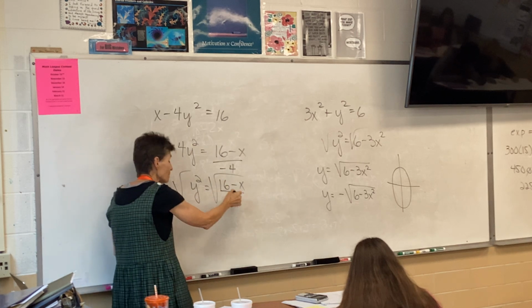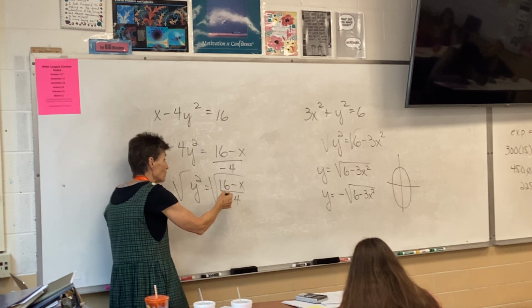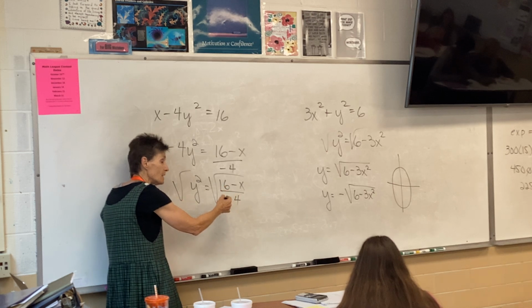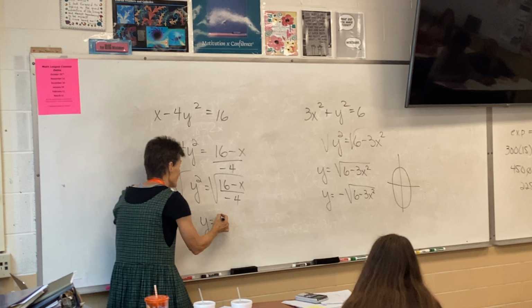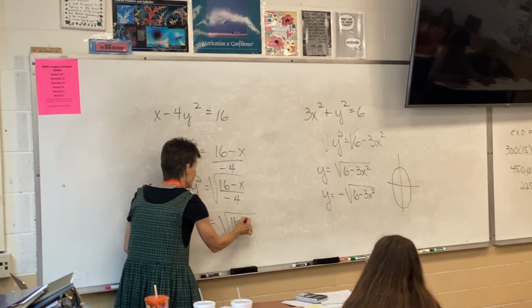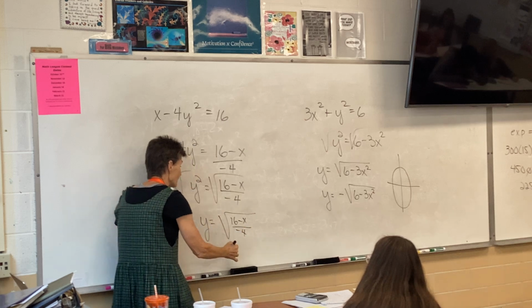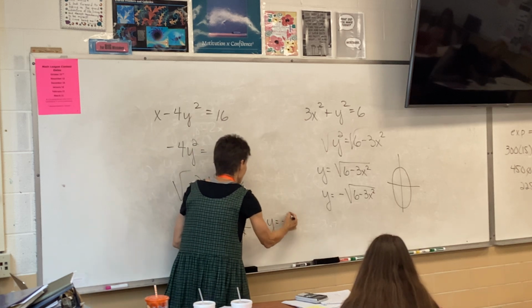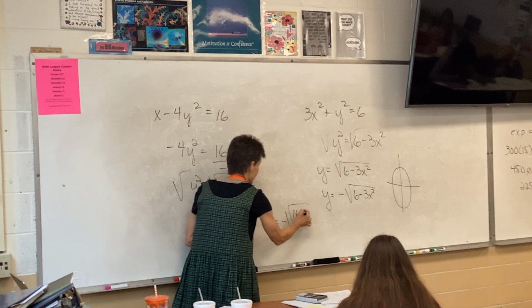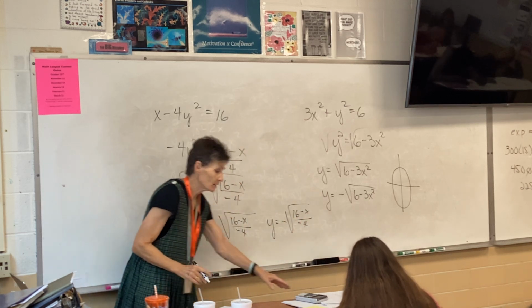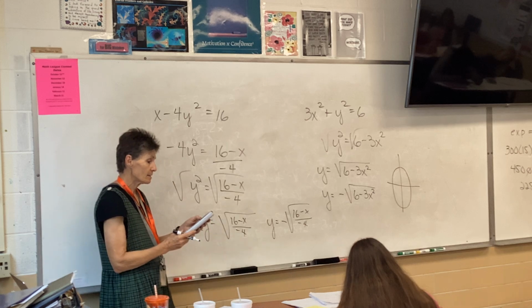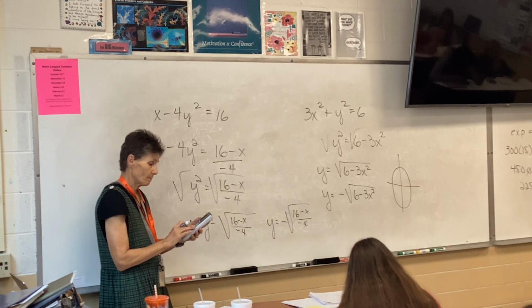Now again, let's not even mess with that, because most of you, if you mess with that, you're going to mess with it wrong. So just leave it alone. Your implicit functions are the square root of (16 minus x) over -4, or the negative square root of (16 minus x) over -4. Your calculator doesn't mind that ugliness. We would just put it right in.